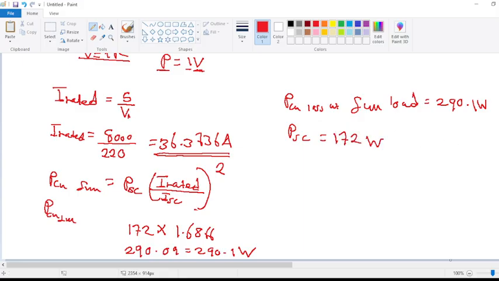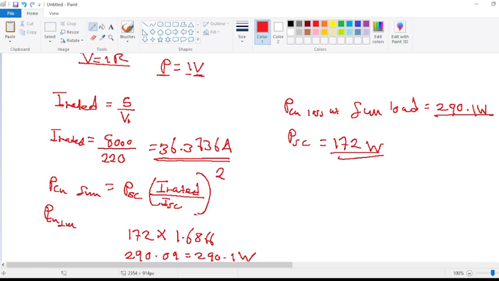This is what we've been given. So these are our answers, the losses of the copper: 290.1 watts at full load, and 172 watts at the short circuit. Okay, so we proceed to the next question.